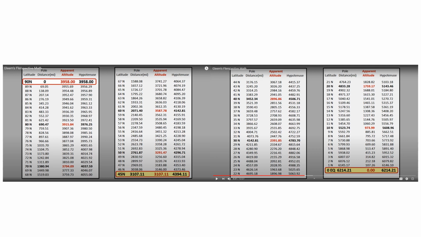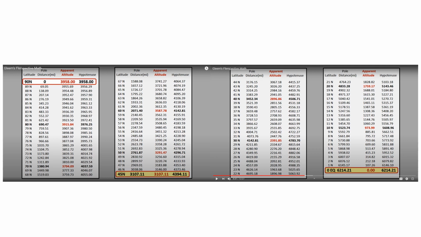So these are all of Gleem's calculations for the altitude of Polaris in the northern hemisphere. So up here in the upper left, we start at 90 degrees north, or the North Pole, and what he calls the apparent altitude is 3,958 miles. Not really certain where he got that figure from, but you can see as you move away from the North Pole towards the equator, the apparent altitude decreases until we go down here to the lower right at the equator, and the altitude is now 0 miles.